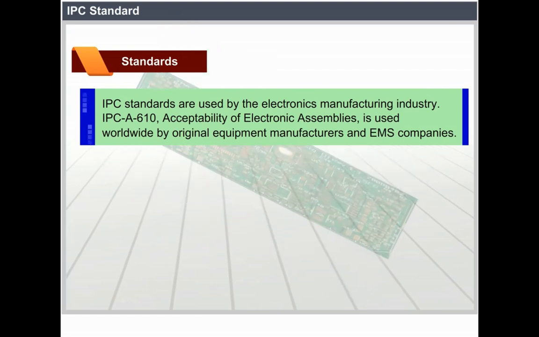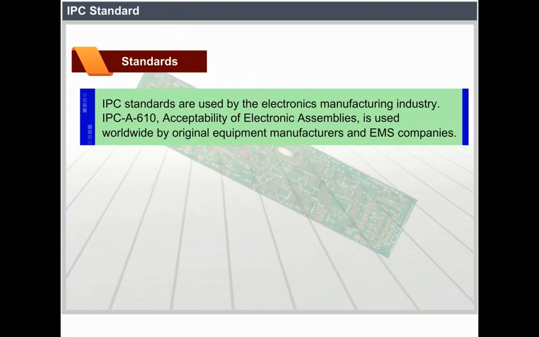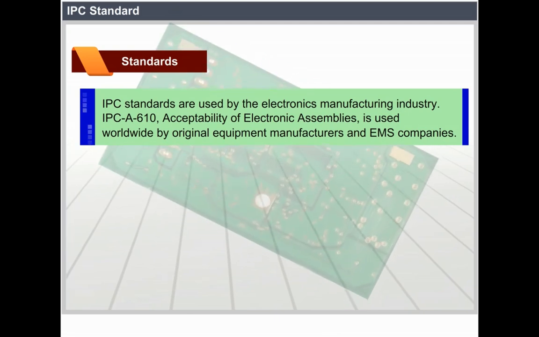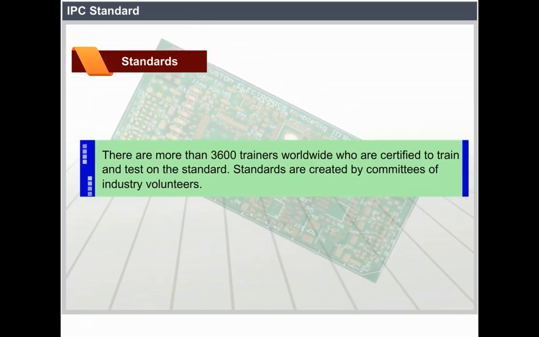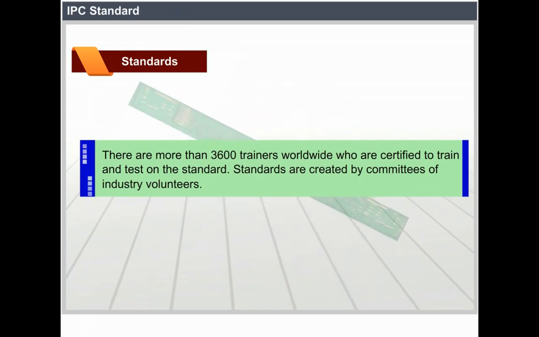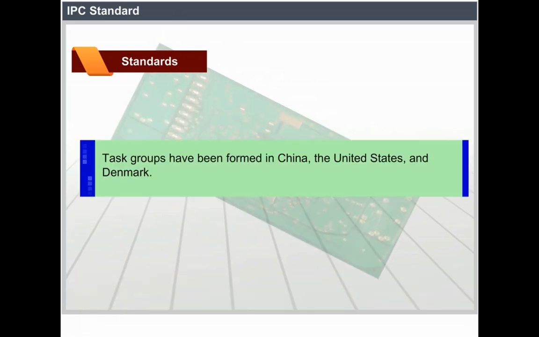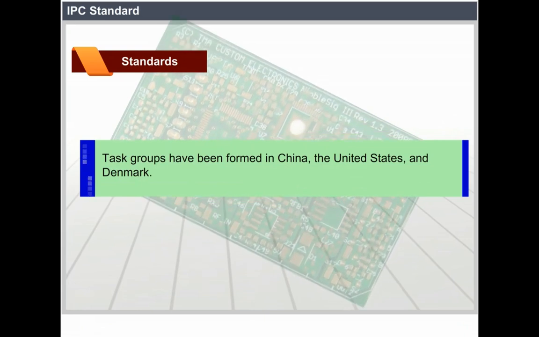IPC A610, acceptability of electronic assemblies, is used worldwide by original equipment manufacturers and EMS companies. There are more than 3,600 trainers worldwide who are certified to train and test on the standard. Standards are created by committees of industry volunteers. Task groups have been formed in China, the United States, and Denmark.